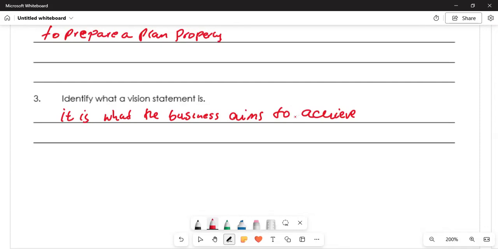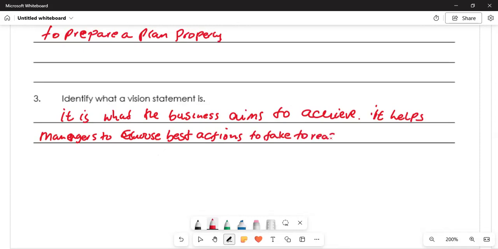The vision statement helps managers to choose the best actions to take to reach the business goals.